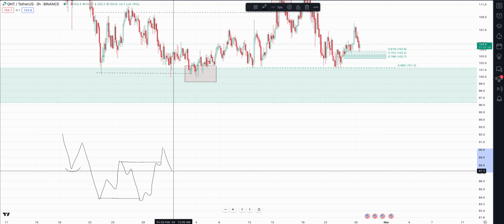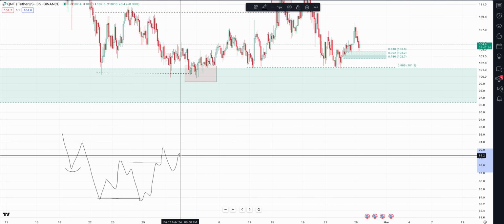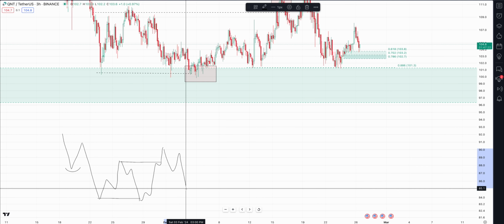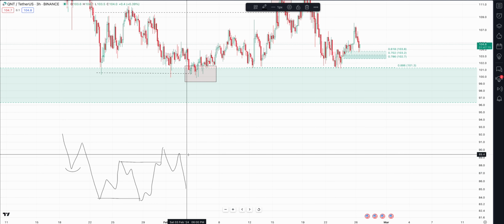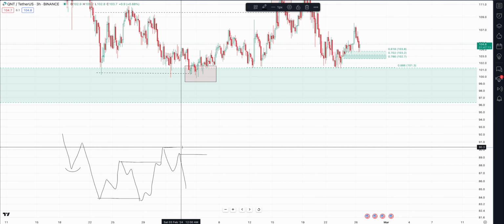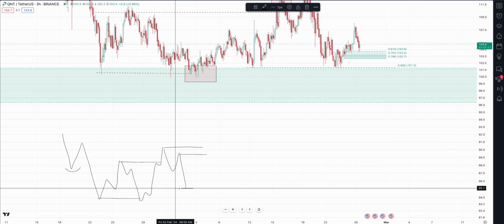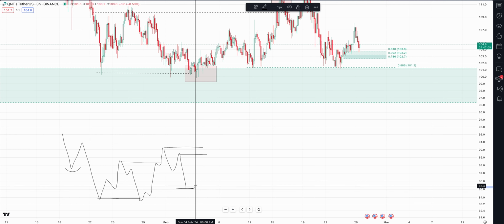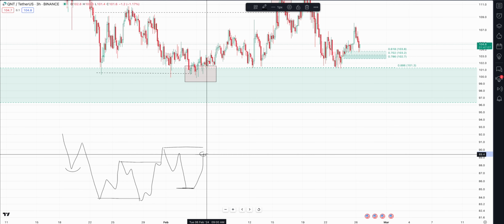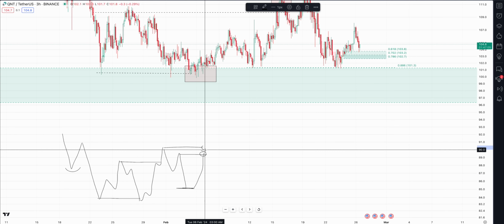Then you come down for a throwback to key support. And the expansion algo tells us that as long as this support holds, we should make our way to these highs to take out the liquidity resting above it.